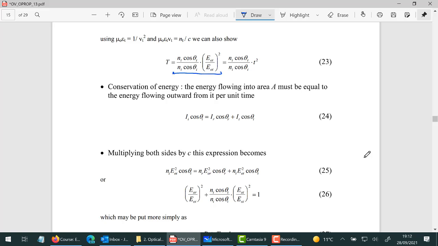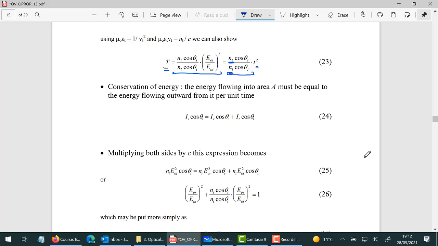We can't cancel the permittivities or the refractive indices and the speeds in this case, and so we have to keep our expression here, which involves the refractive index of the incident material and the transmitted material. But again, you can see that there's a fairly straightforward relationship between capital T, the transmittance, and small t, the transmission coefficient.